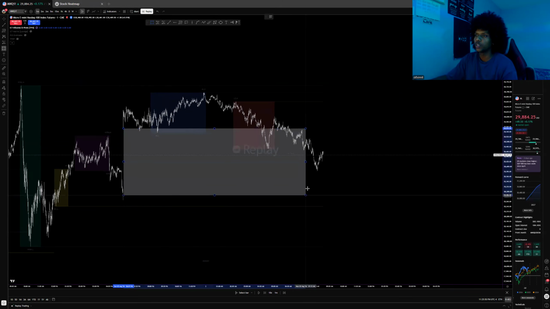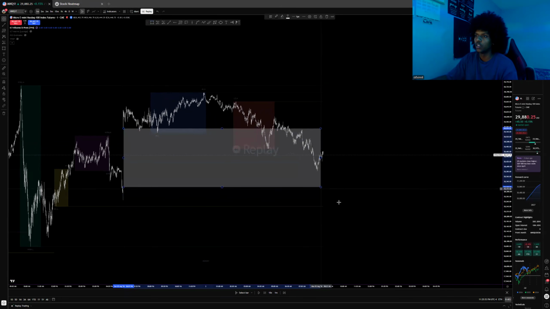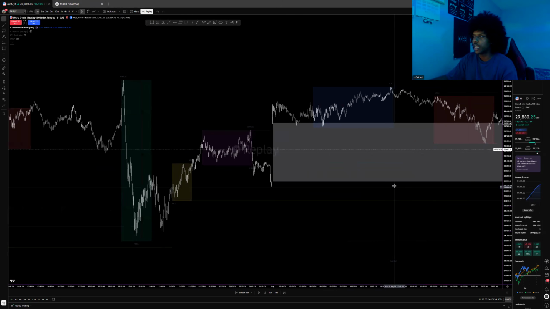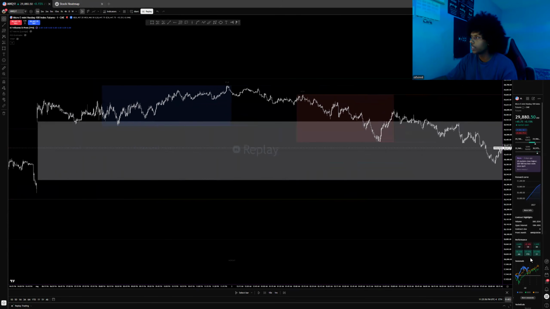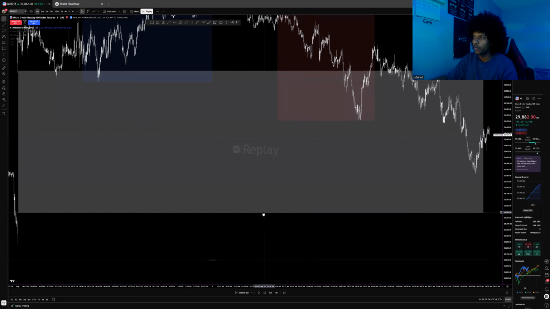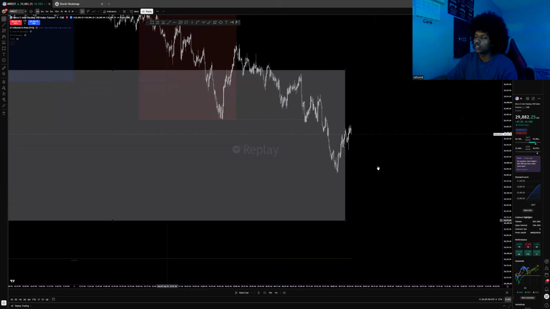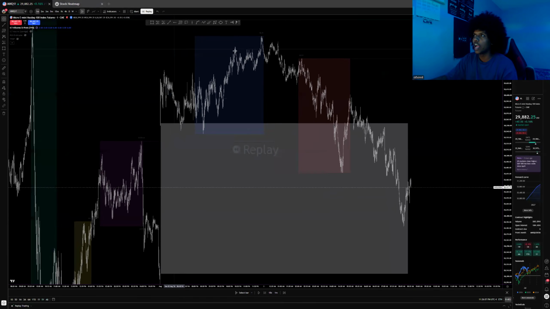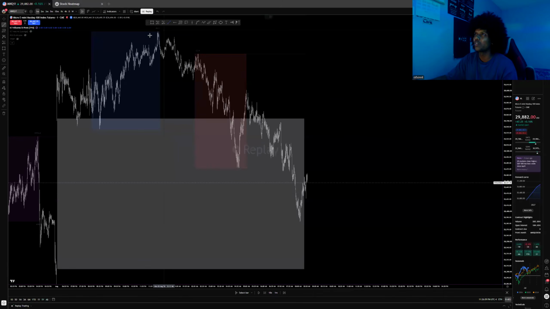So first thing, I would mark out the opening range gap. I want the price to actually fill this opening range gap in order for me to go for a buy entry. And I'm not gonna sell with this because we already have a lot of engineered liquidities. See that?